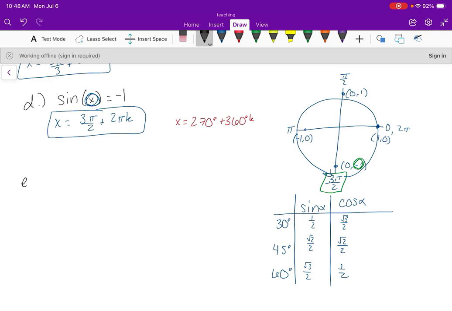We'll do another one with sine using the unit circle. We'll do sine x equals 0. So where does sine equal 0?